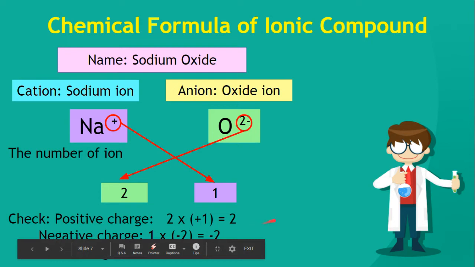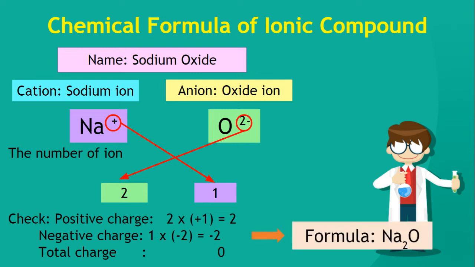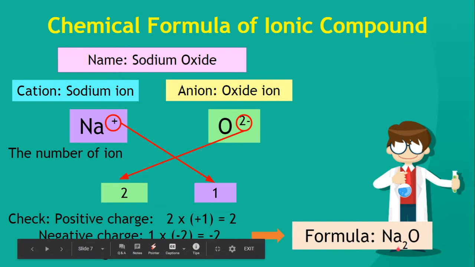So the total charge of the compound is 2 plus negative 2, which is 0. Therefore, the formula is Na2O. You write a small 2 here as a subscript. This is for sodium oxide.